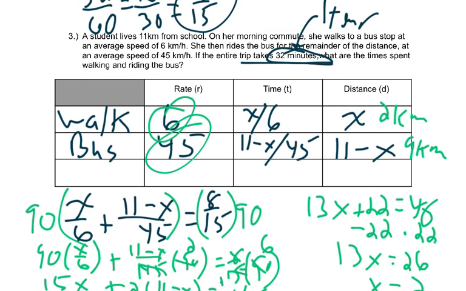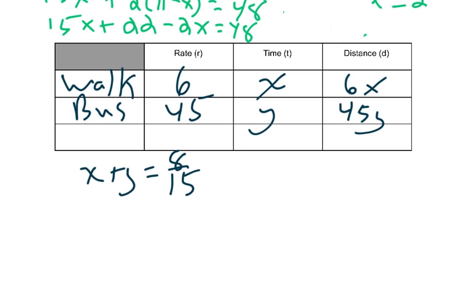And we also know the total distance, because we know that the total distance is 11 kilometers. So then we could say 6x plus 45y equals 11. Now we have a system of equations to solve instead of having to deal with the fractions and all. So let's use elimination.